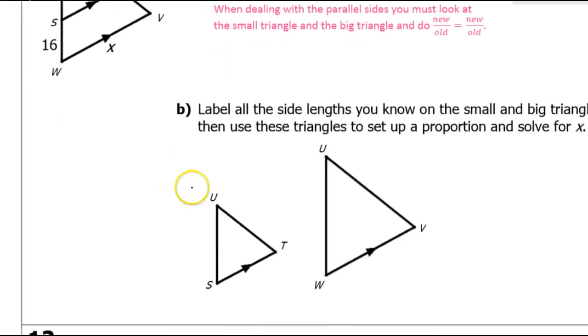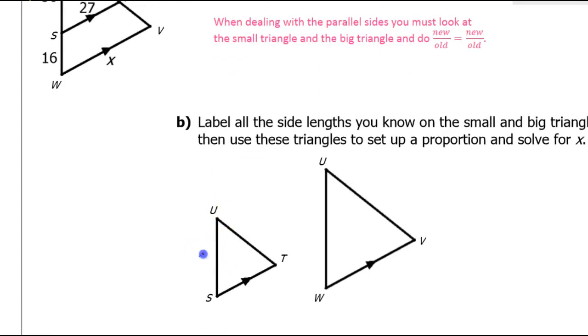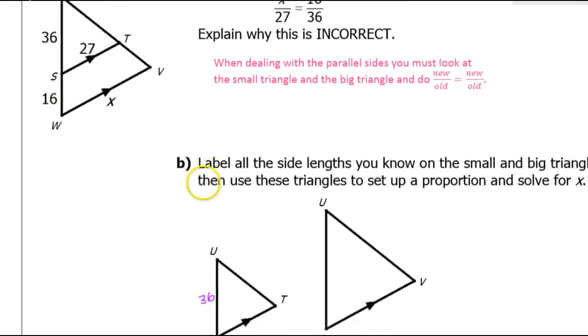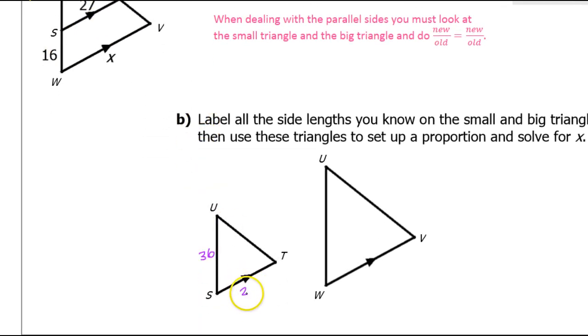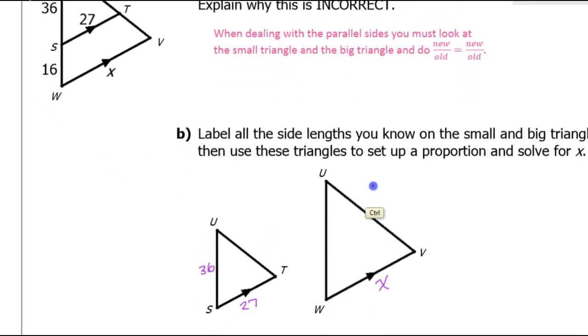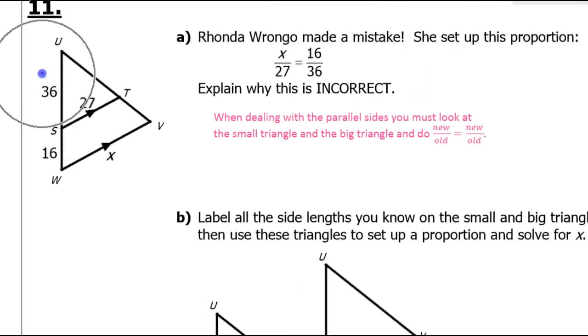Okay, so US is 36, and we've got the 27, that's ST. All right, and WV, now I'm looking at the big triangle, WV is X. Okay, now, is 16 the length of UW? No, it's just SW. The length of UW is going to be the sum of both of these. So that's going to be what, 52?